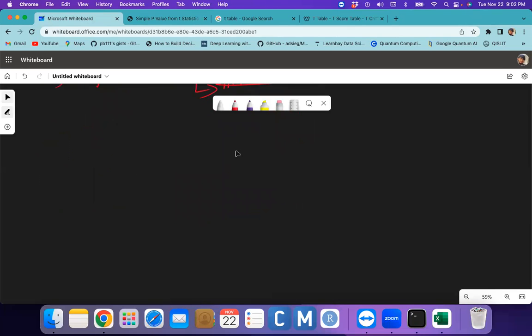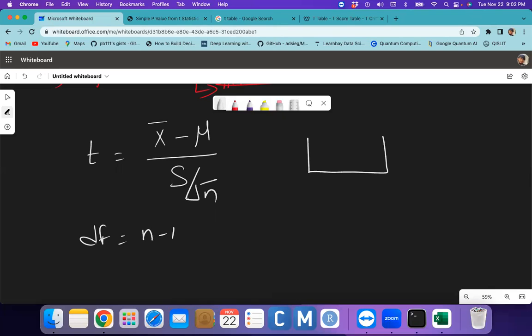Anyway, one more time I want to tell you guys, for the one-tail test you have to calculate your T value and your degree of freedom. So this is my sample data: 1, 5, 6, 7, 8 and 9. For example, my population mean is, let me consider, 5.8.